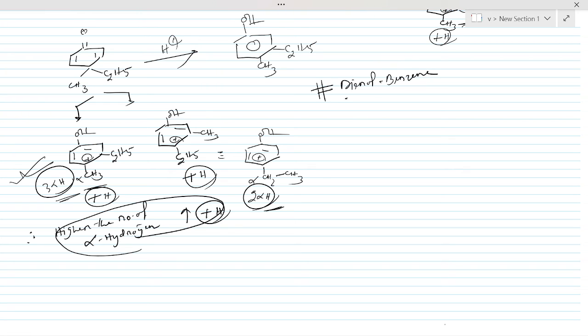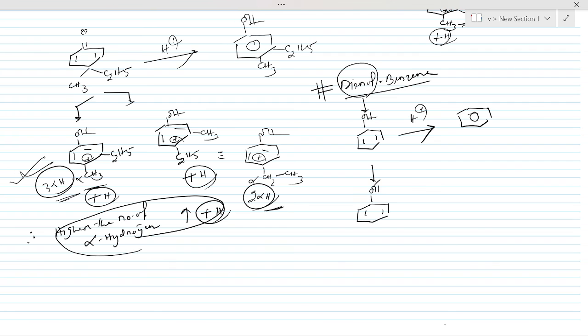Okay, from the name you can imagine that the substrate contains diene and ol, that is phenol group. Okay, ol comes from phenol groups. This is the substrate, and in presence of your acid, it will form benzene. How will it form? The same reaction, same mechanism.